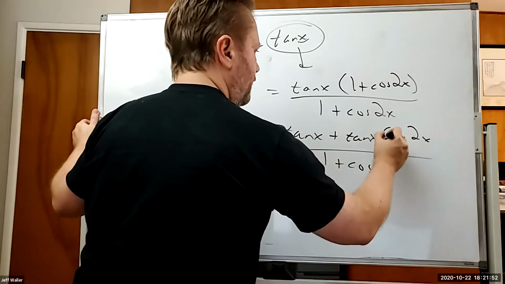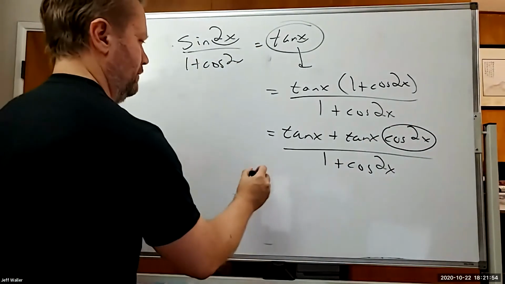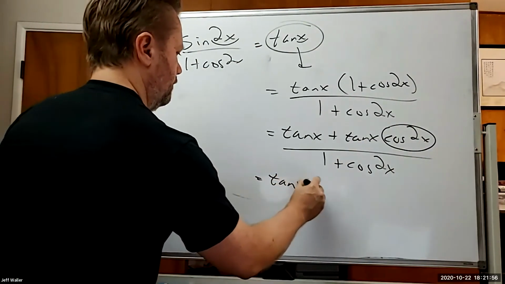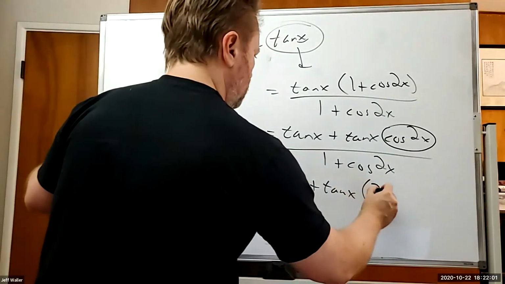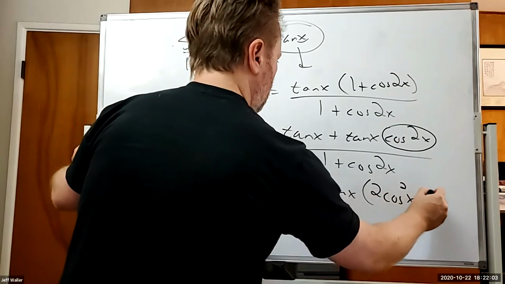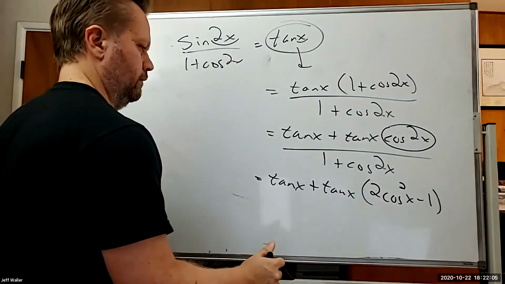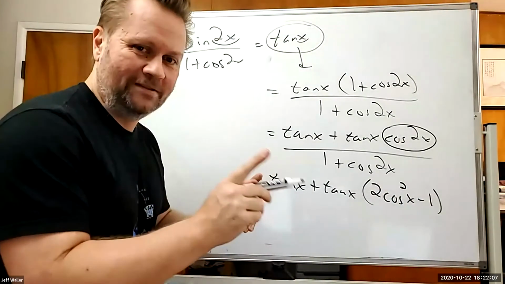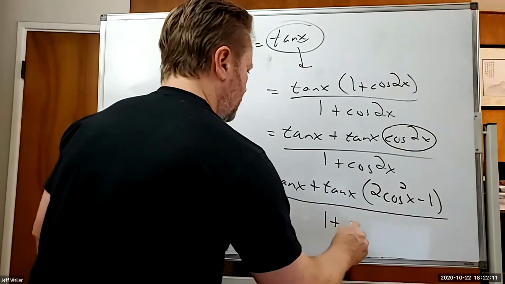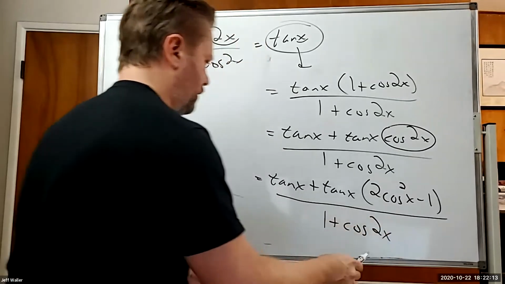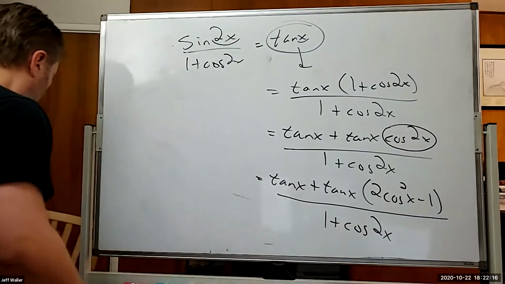Now if I replace this with 2 cosine squared minus 1, if I were you, I would never do it this way. I just want to show you this. It's weird, but I understand that you would never do it this way.